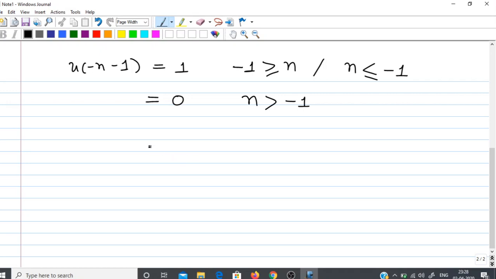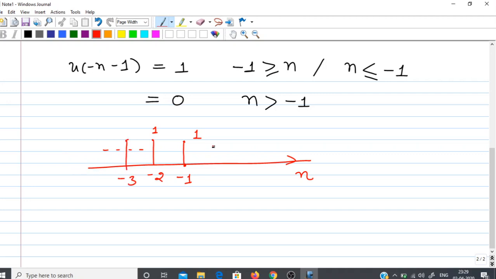So if we plot this sequence, let it be the n axis. It is 0 for n greater than -1. Assume this point is -1. At -1 the value of the sequence is 1, then at -2 it is 1, and so on. On the negative side, it is 1 till minus infinity.